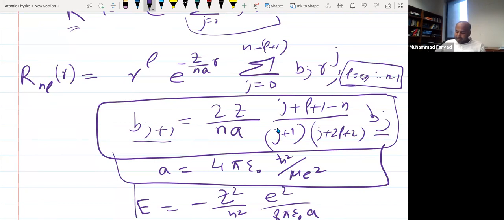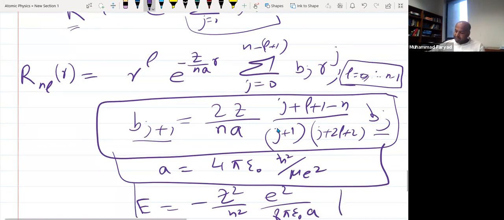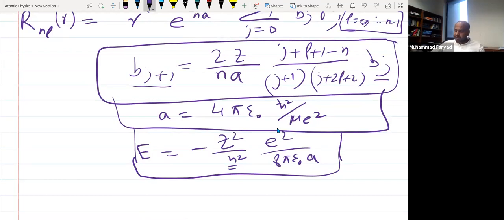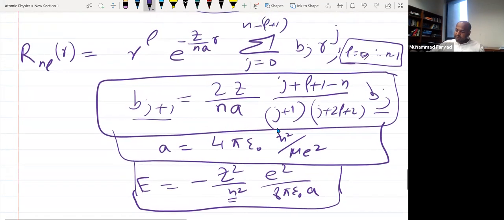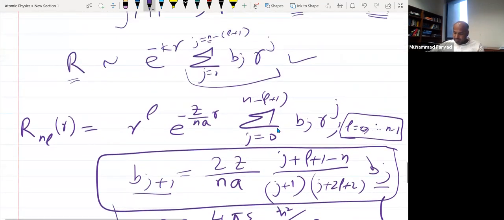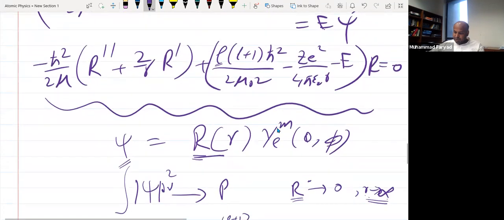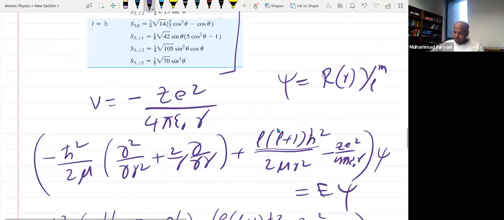The energies are given by this, and we can see that the energy is dependent on n only. It means that each energy level is a degenerate state, because L's can be different. So for each energy level, there are different values of L, and we actually haven't talked about it, but there's a degeneracy with respect to M as well, this YLM that we were talking about.